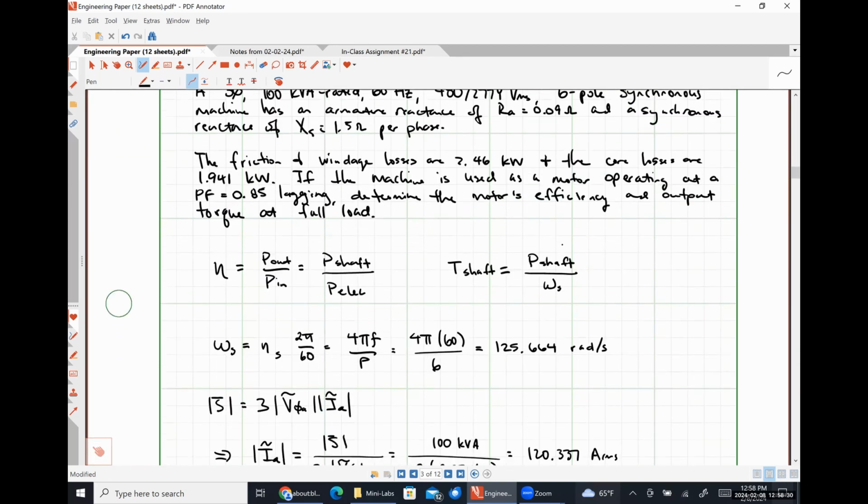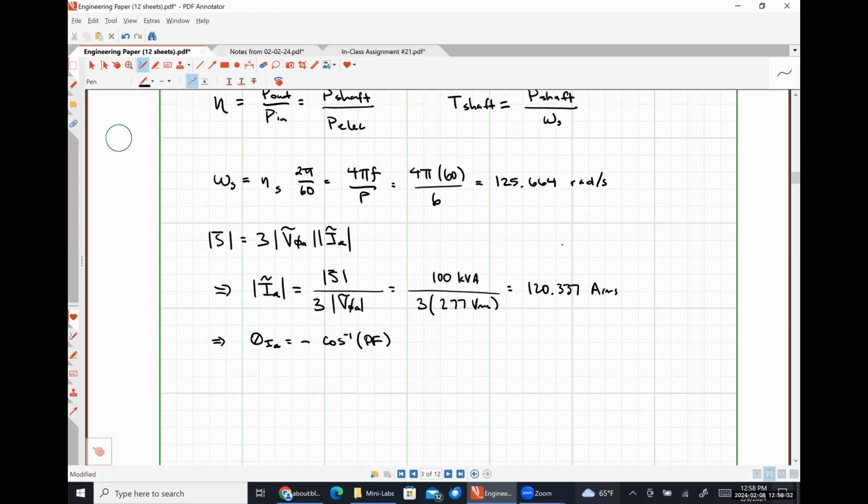So I wind up keeping the negative sign down here. And so this is going to look like negative the inverse cosine of 0.85, or negative 31.788 degrees.